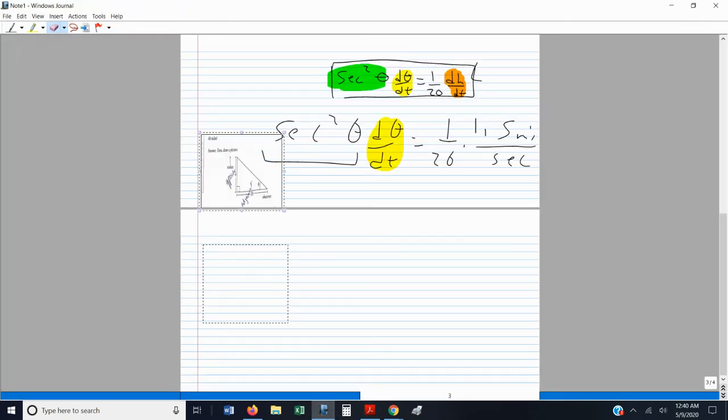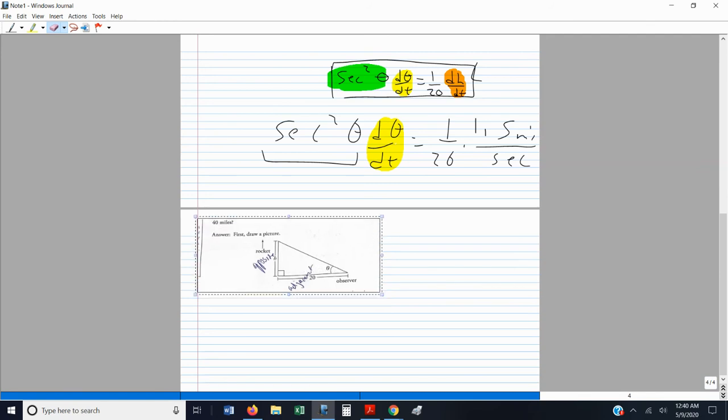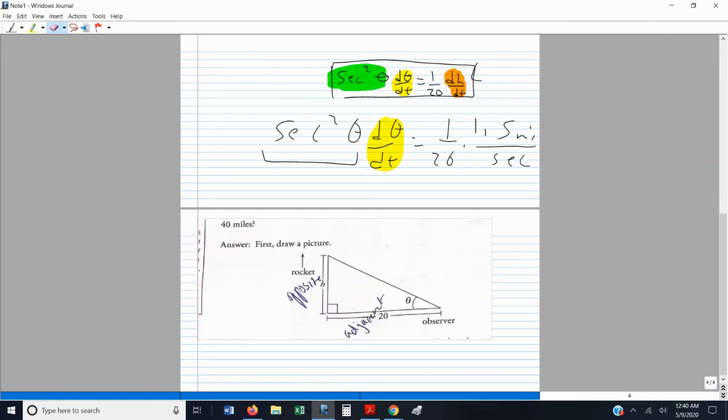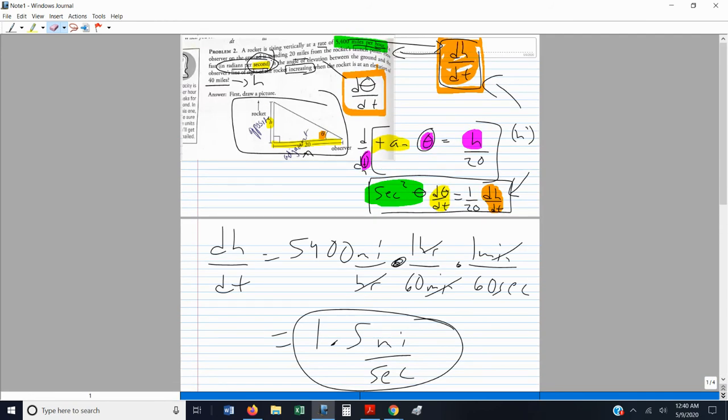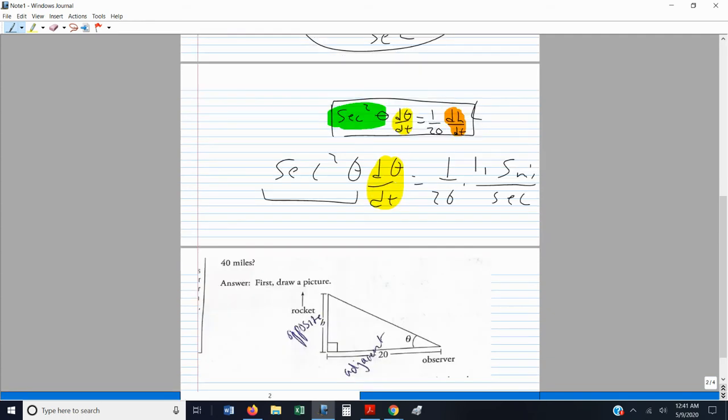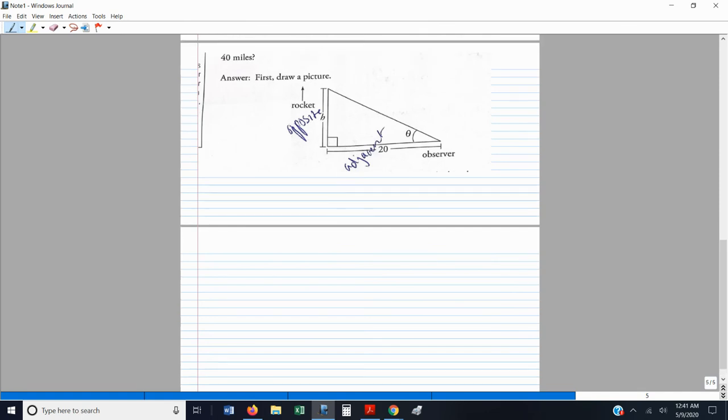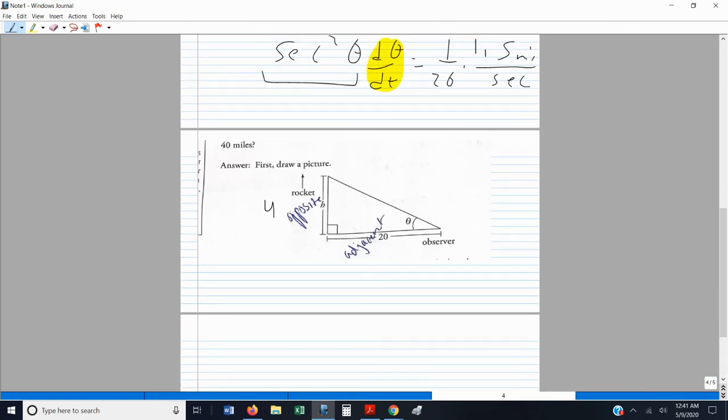I went back to this diagram, and remember how it said that the rocket is at an elevation of 40? So they want to know d theta dt when the rocket is at a height of 40. So I filled in a 40 right here as my height, and I knew that 20.